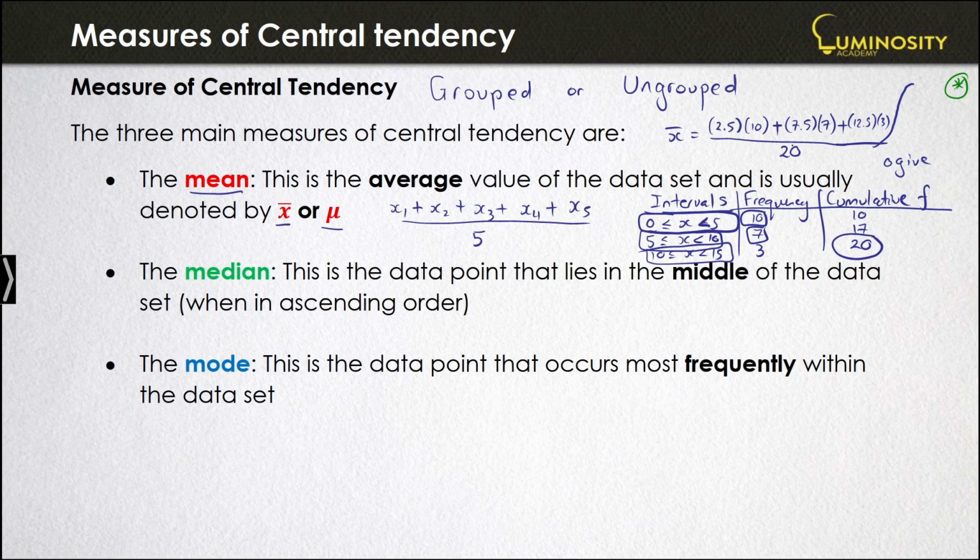Okay, the median is another type of central tendency. So what does the median indicate? Well, if you're looking at ungrouped data, you always have to organize it in ascending order. As an example, you could have 2, 2, 3, 5, 9, 10, and 15, right? Then your median is essentially the data point that lies in the middle when you arrange it in ascending order.